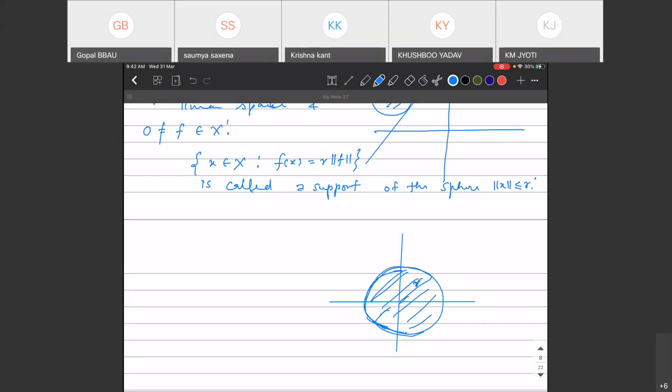Then this set of all those x such that f(x) equals a constant will look something like this, or like this. Okay, one of these two.